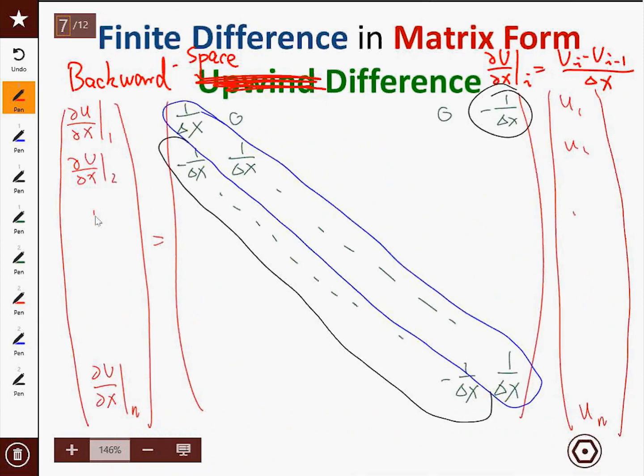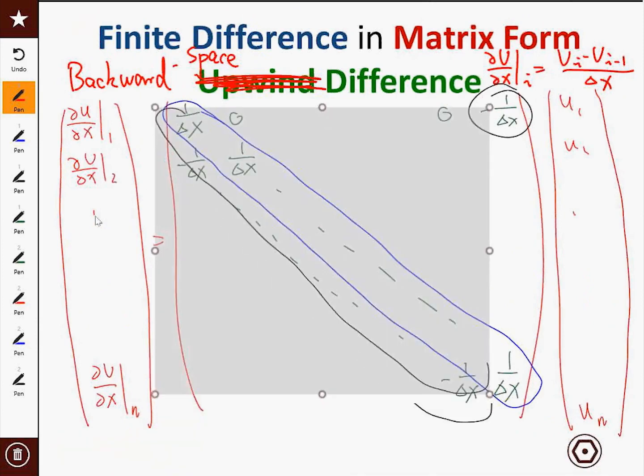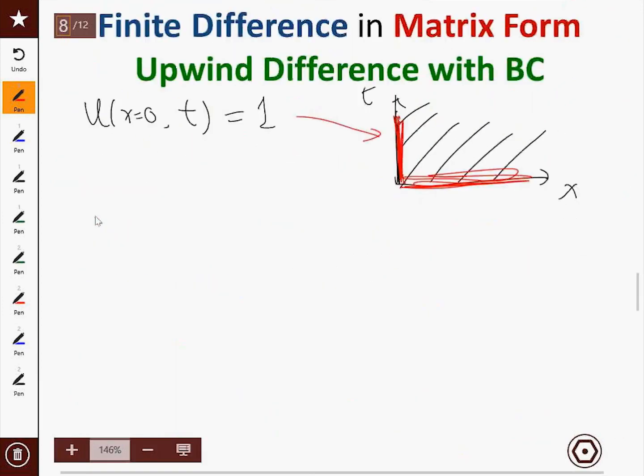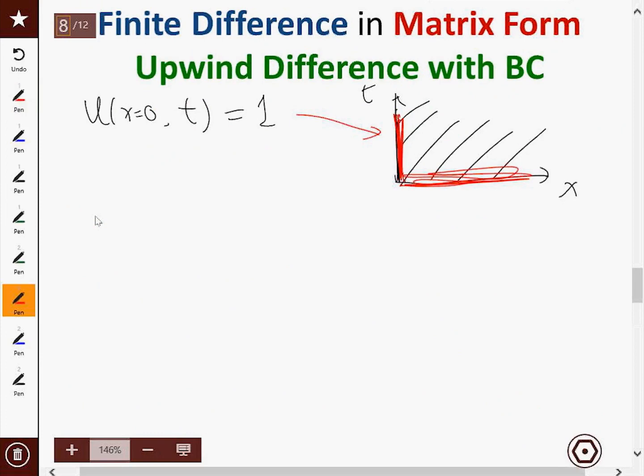Let's take a look at the matrix, and the only thing we need to change is which row of the matrix we need to change. If we need to change one row, we only need to change the first row, right? Because all the other rows of the matrix are still exactly the same because they are the interior. Only the first row involves the boundary. So let's look at the first row.